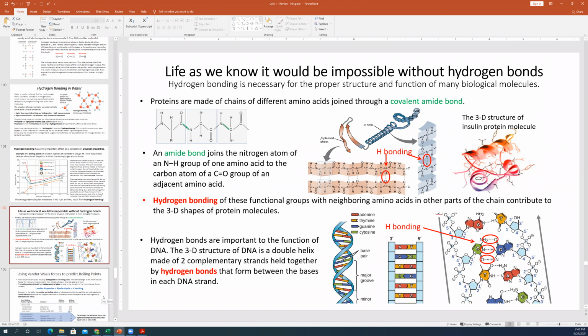Okay, everybody clear on how to recognize hydrogen bonding? This is very, very important, to be able to recognize what situation you have when you have hydrogen bonding.